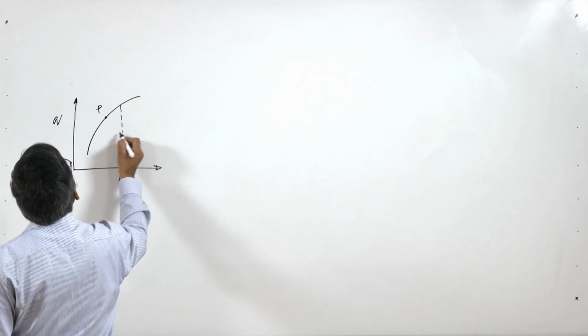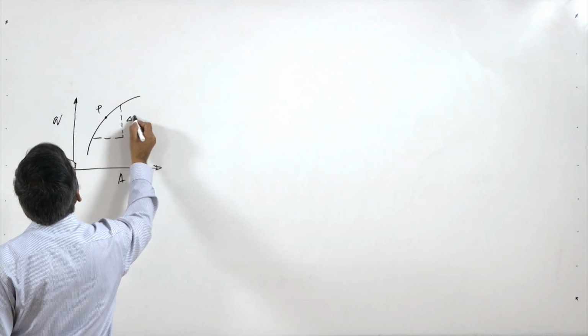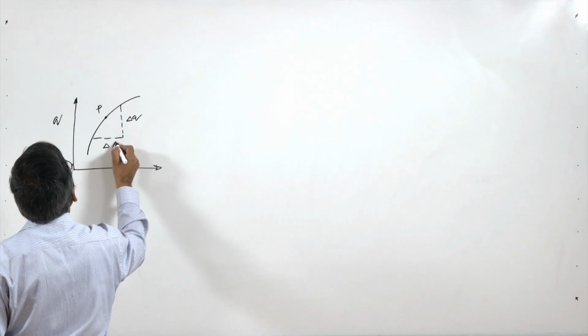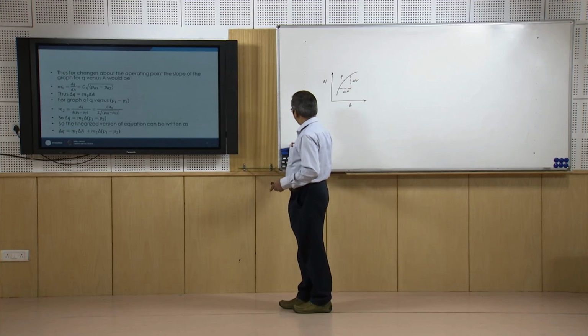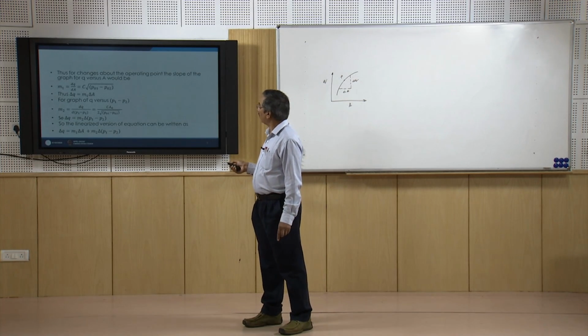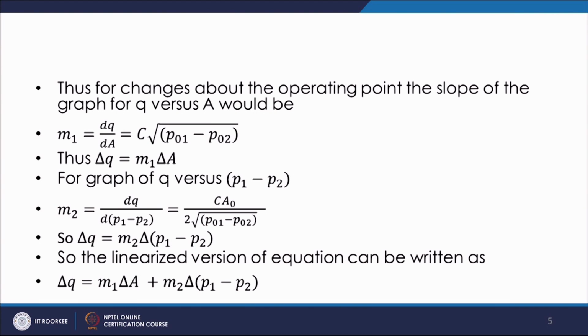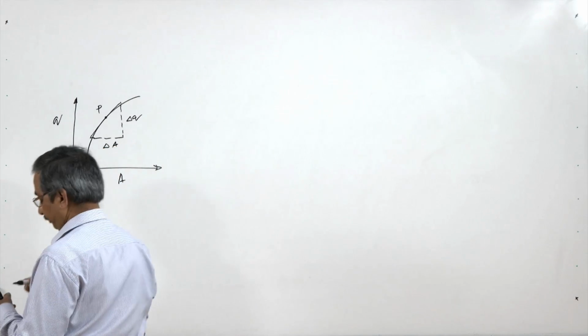So, basically this is what I am talking to you, that is this is del Q and this is your del A. Okay. So, here our del Q is equal to M1 del A, where M1 is basically the slope of the tangent line at the operating point, it is this one.